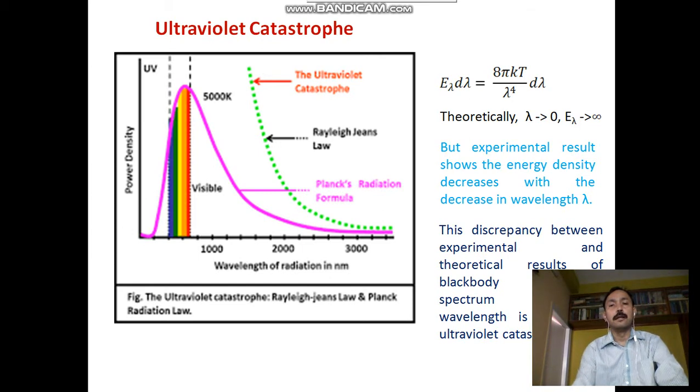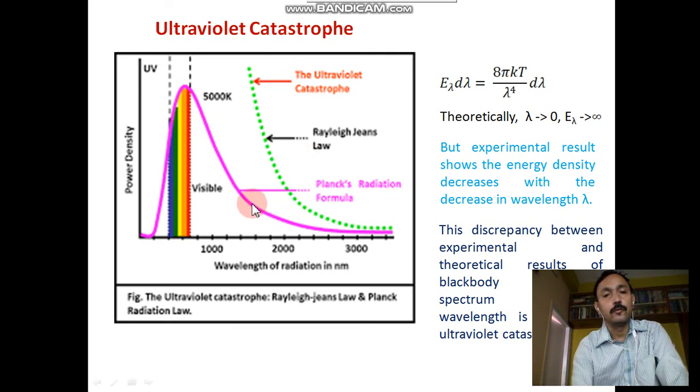But experimental results show the energy density decreases with the decrease in wavelength. That means in case lambda tends to 0, E lambda tends to 0. This discrepancy between the experimental and theoretical result of the blackbody radiation spectrum at low wavelength is known as ultraviolet catastrophe.